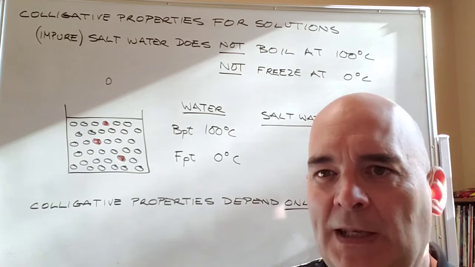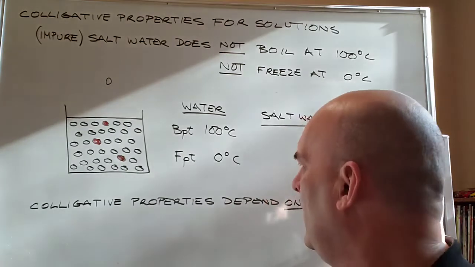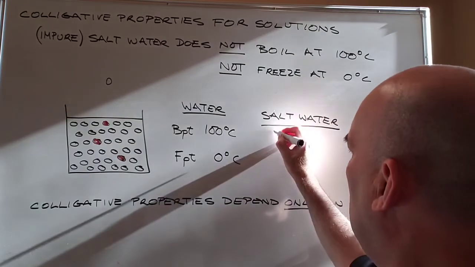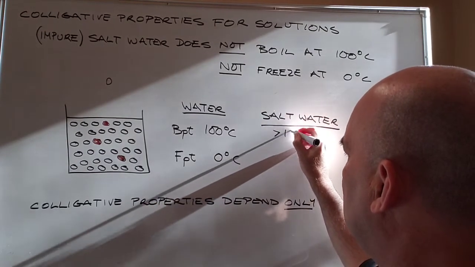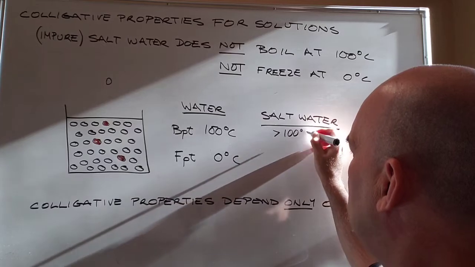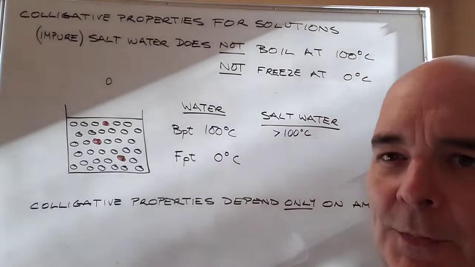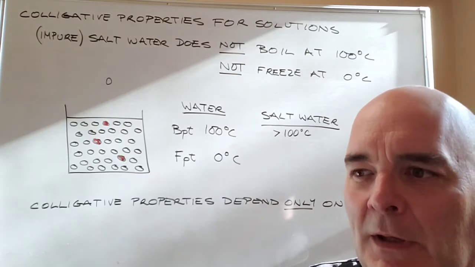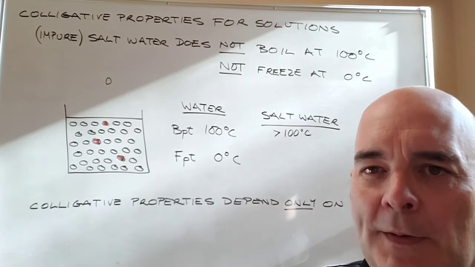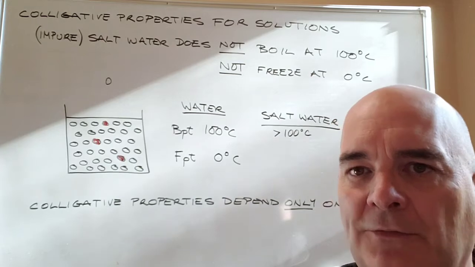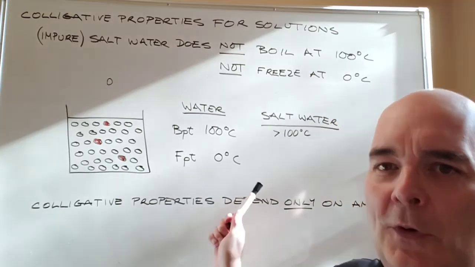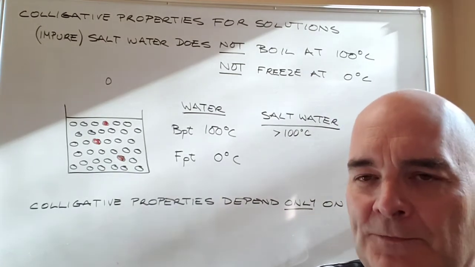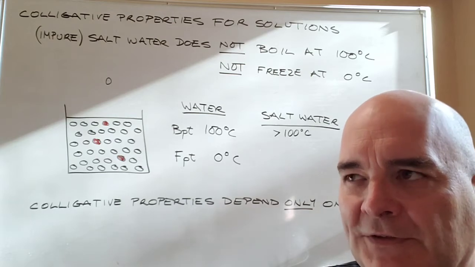They're just physically in the way. They're obstacles. And what that means is that it just became more difficult to boil. And we see that salt water has an elevated boiling point. Adding an impurity elevates boiling point. So the boiling point of salt water is over 100 degrees Celsius.